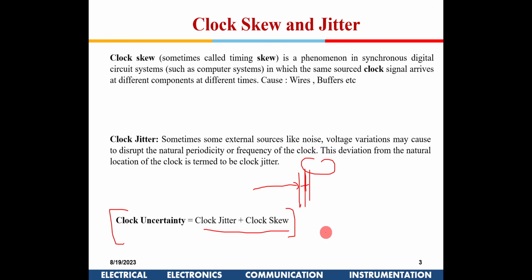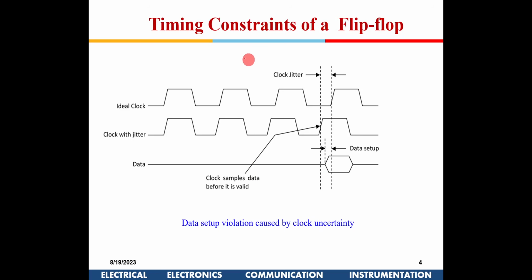So the total clock uncertainty is the sum total of the jitter and the skew. Okay, now coming to the timing constraints of a flip-flop. Suppose this is an ideal clock, right? Now this is a clock with jitter. Now what is happening is the clock is arriving slightly ahead of its time, because of jitter, or because of skew also it can happen. We'll see what the positive skew and the negative skew are. So in general I can call it clock uncertainty.